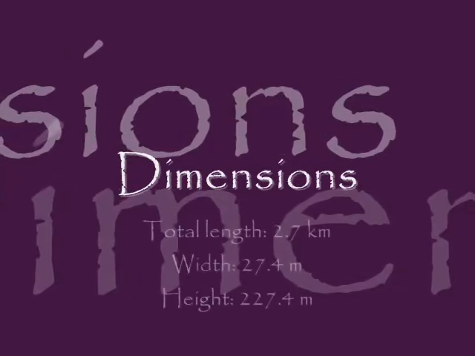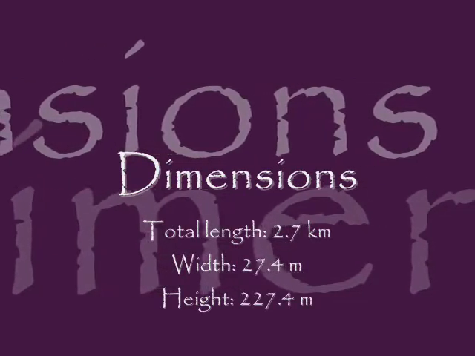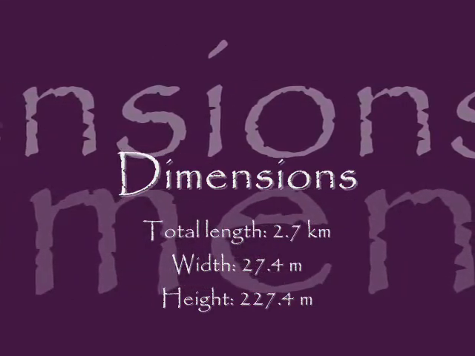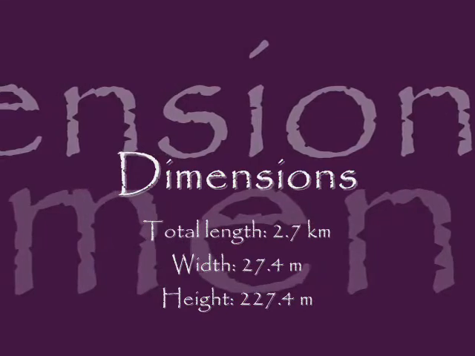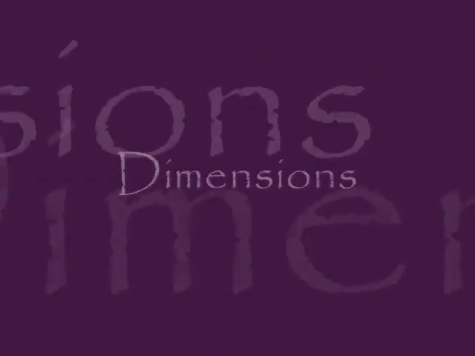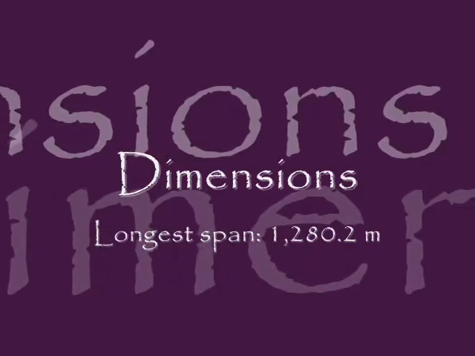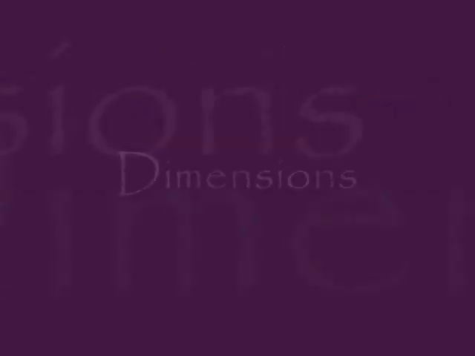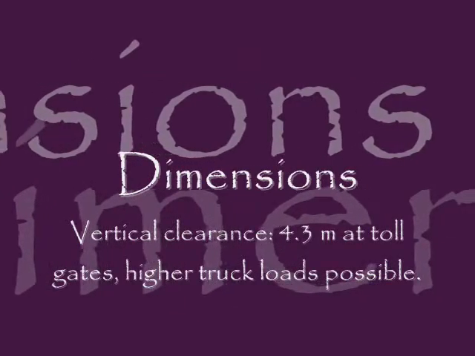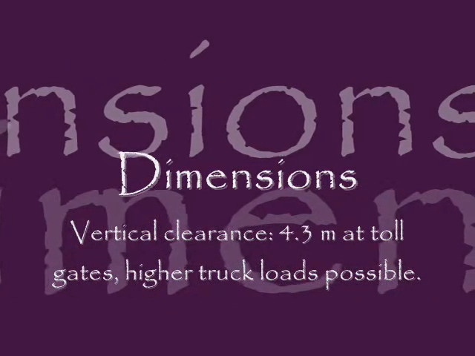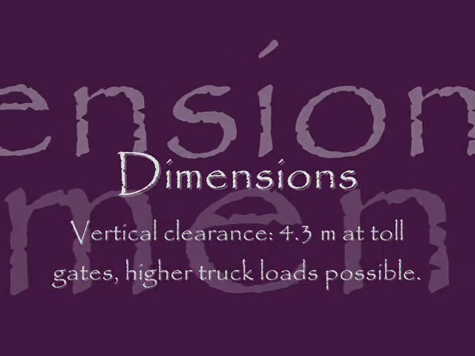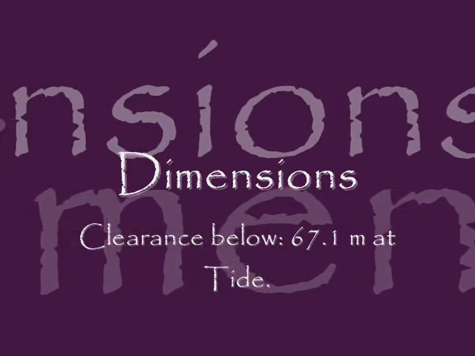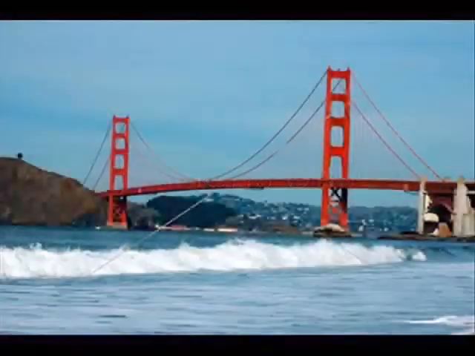Dimensions: total length 2.7 kilometers, width 27.4 meters, height 227.4 meters, longest span 1,280.2 meters, vertical clearance 4.3 meters at toll gates with higher truck loads possible, clearance below 67.1 meters at high tide.